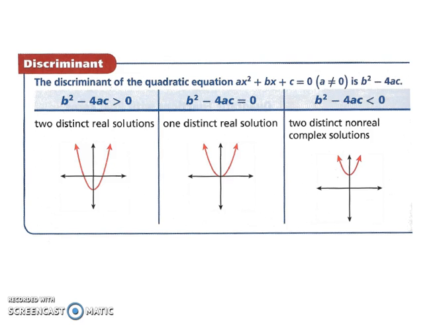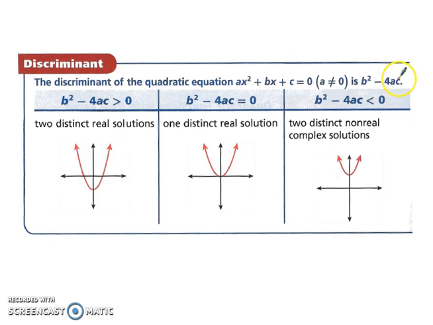Alright, so now let's look at the discriminant. The discriminant of the quadratic equation ax squared plus bx plus c equals 0, where a isn't 0, because if a is 0, you no longer have a quadratic. So the discriminant would be b squared minus 4ac. Essentially, your discriminant is what's underneath the square root.